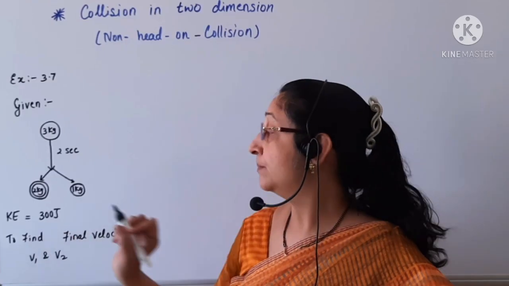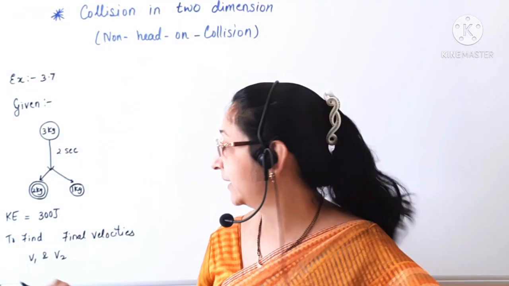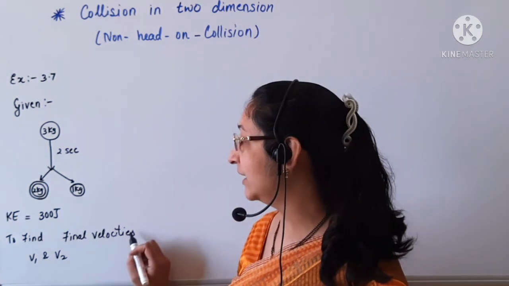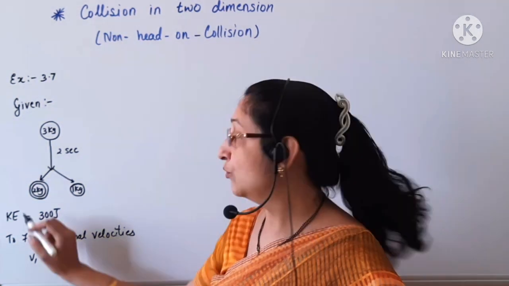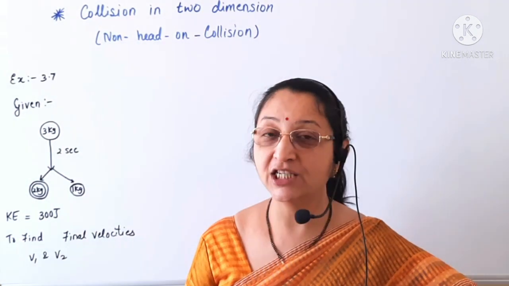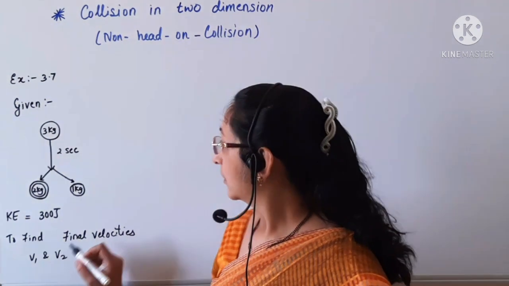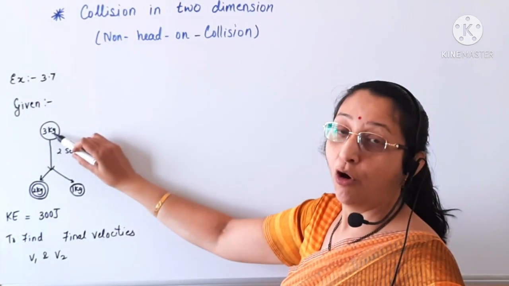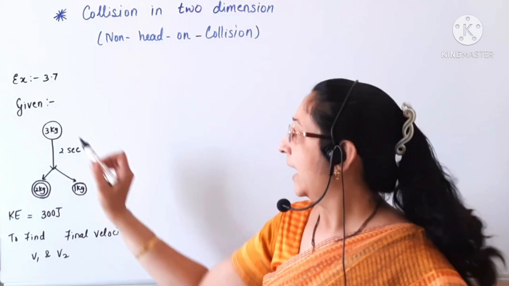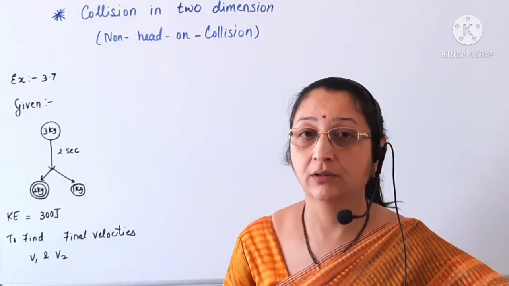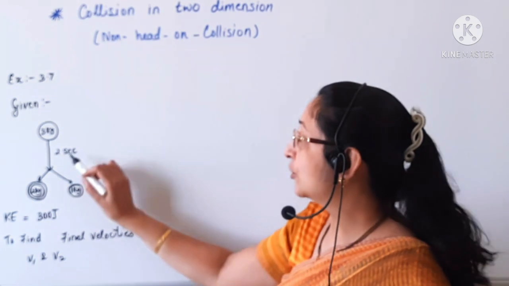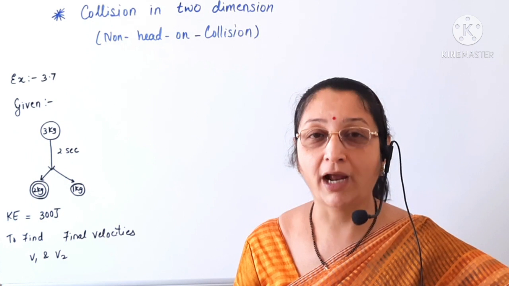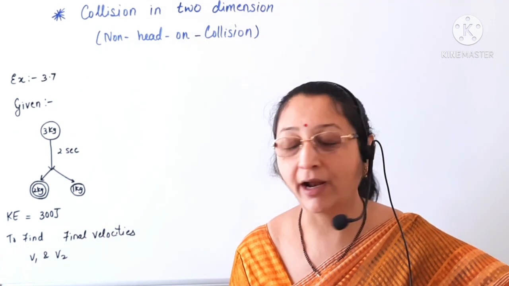The kinetic energy provided by the explosion is 300 joules, and they have asked us to find the final velocities of the two fragments of 2 kg and 1 kg. Initially the velocity of the shell was 0, and it was dropped from some height, and after 2 seconds it has exploded into two fragments.